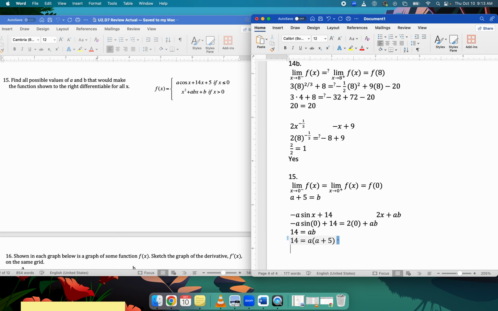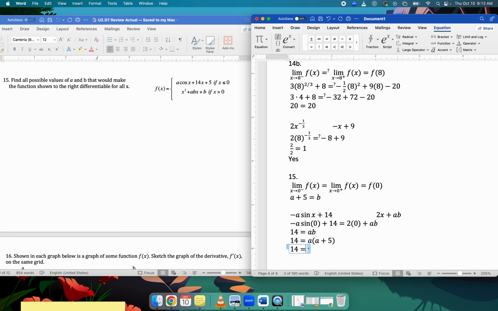Okay, now how do I solve this equation for a? Maybe you could just guess the solution to this one, you know what I mean? Product of two numbers is 14, but the thing is, it's a quadratic, and you should solve it the proper way, which is, distribute everything and then put everything on one side, so you get 0 equals a squared plus 5a minus 14.